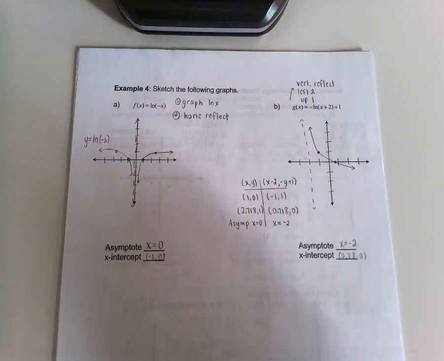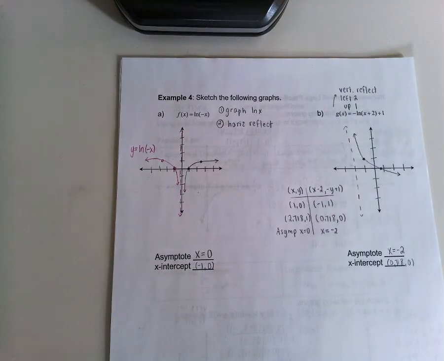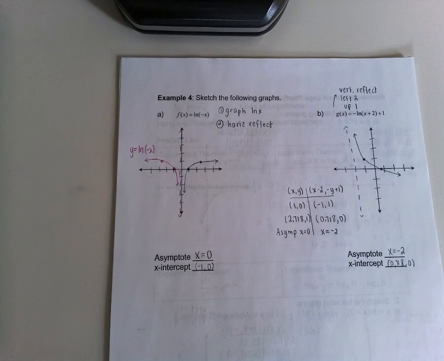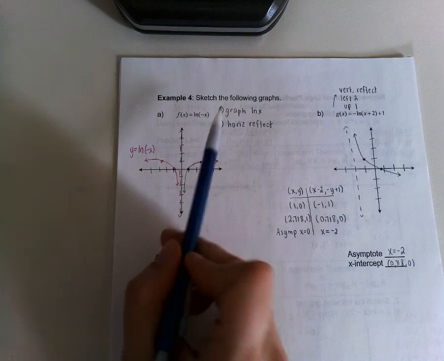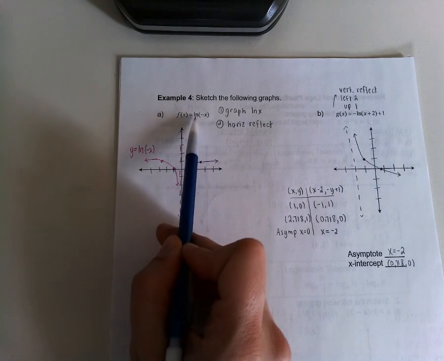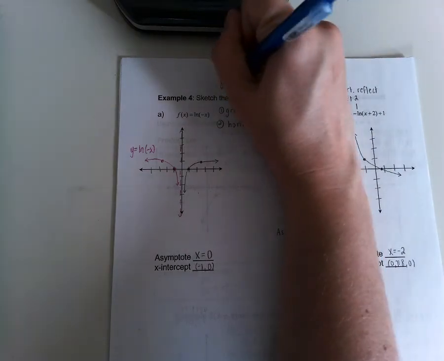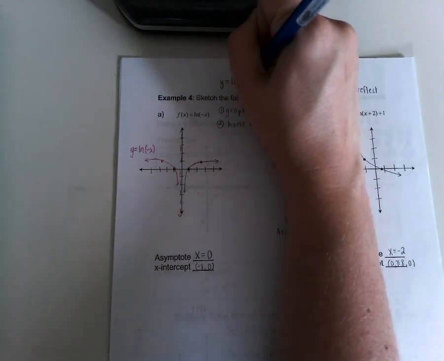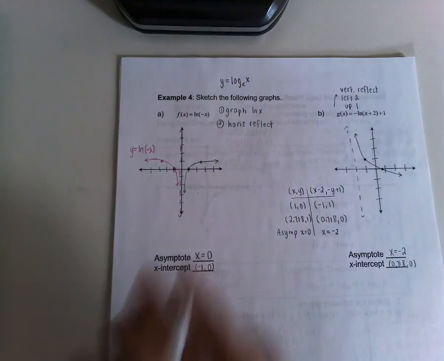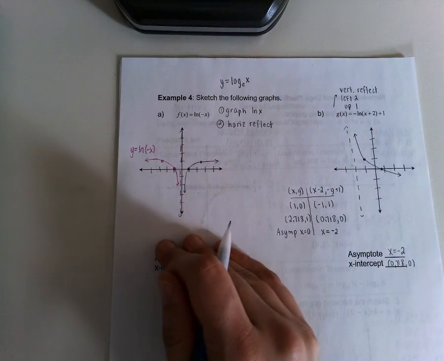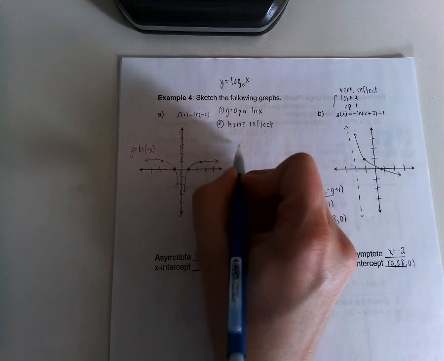And finally, on the next page, related to what we just did, we just looked at the graph of e to the power of x. So now we're going to look at the graph of ln, or natural logarithm, or remember, that's log base e of x. So here, remember my points, this is a horizontal reflection.